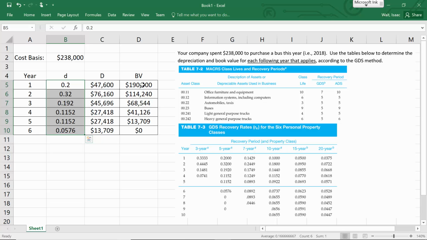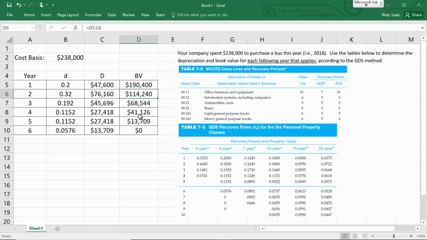All right, so then book value for year 1, at the end of the first year, is the cost basis minus the depreciation amount for that year. For the second year, though, it's based on the previous year's book value.